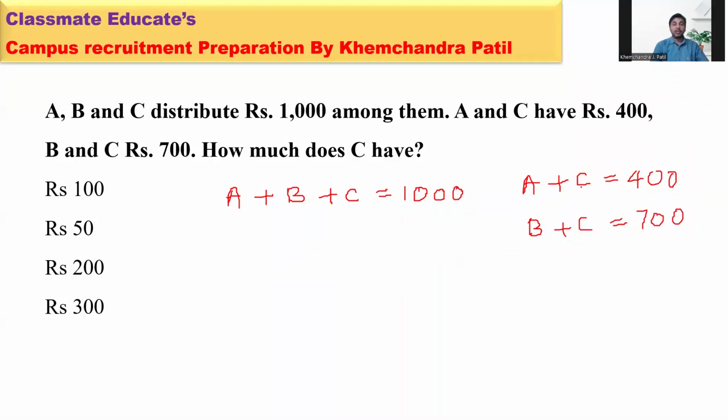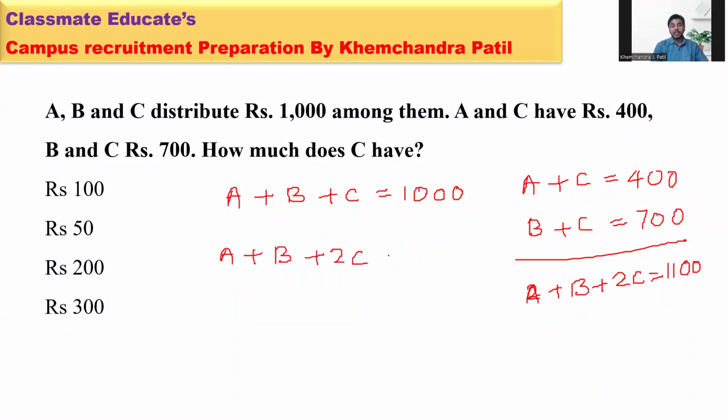Now we want to figure out the value of C. If you add both equations, what do you get? A plus B plus 2C is equal to 1100.